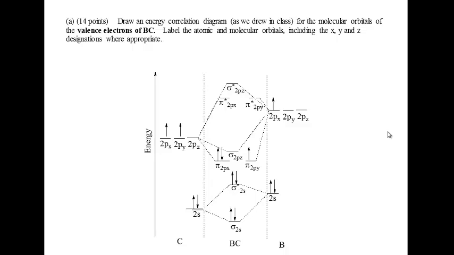And also, because carbon has greater electronegativity compared to boron, we can see that carbon has a lower atomic orbital energy. Now they combine to form a molecule, and you fill up the molecular orbitals with the electrons.